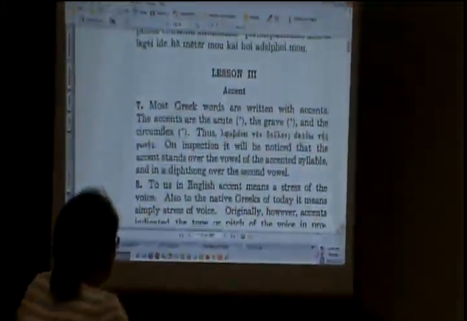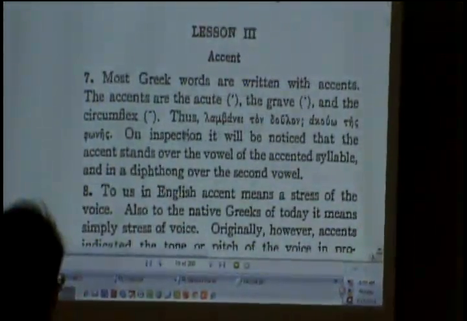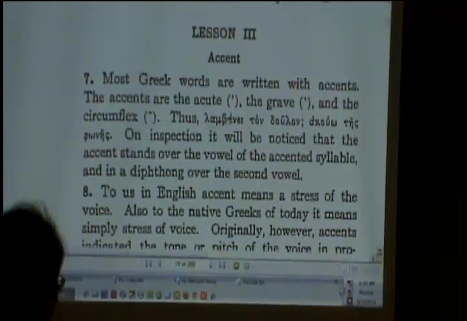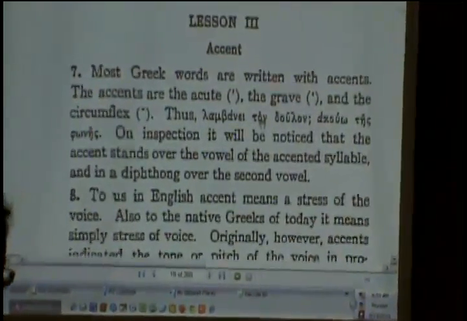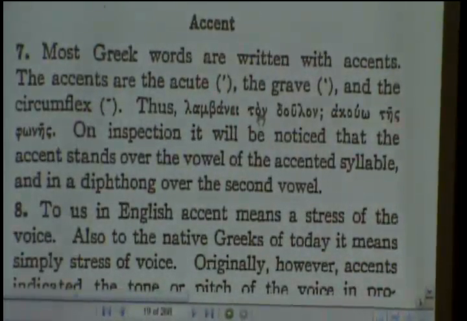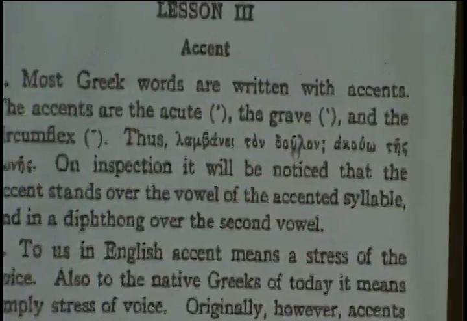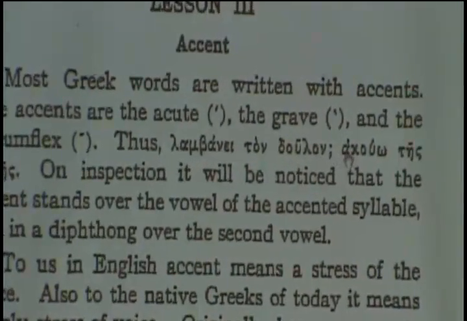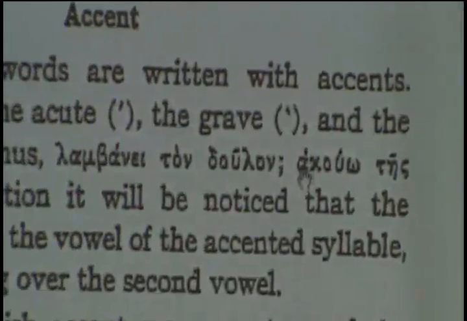Thus, lambane. Did we already go through that? No, we didn't. Okay. And lambane, so that's an acute accent. Ton. What kind of accent is that? Left or right? What's it called? Great. Grave. Okay. Dulon. What kind of accent is that? Circumflex. Akuo. What kind of breathing is that over the alpha? Right. And what do they call it?